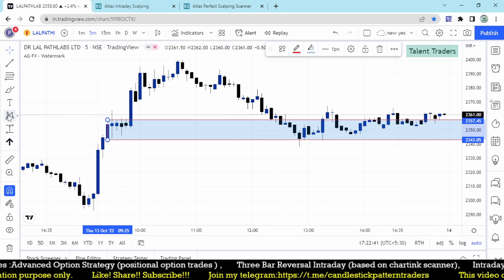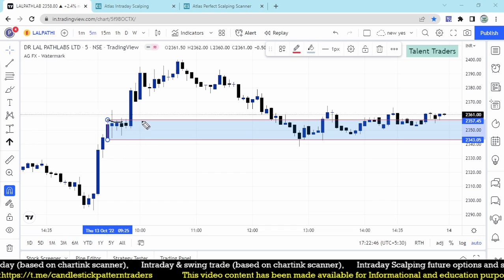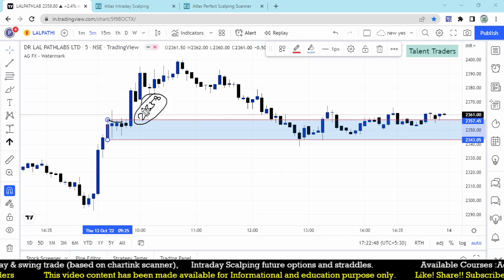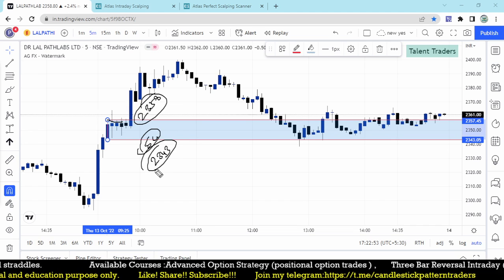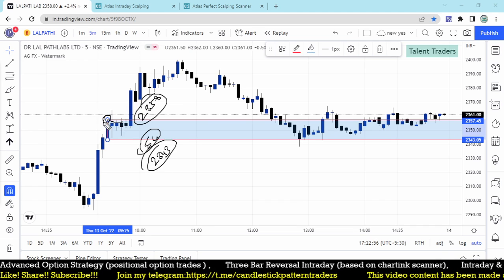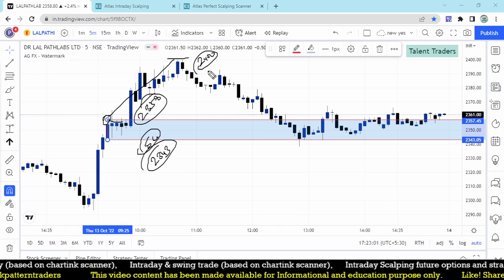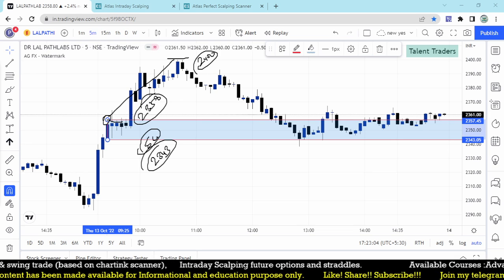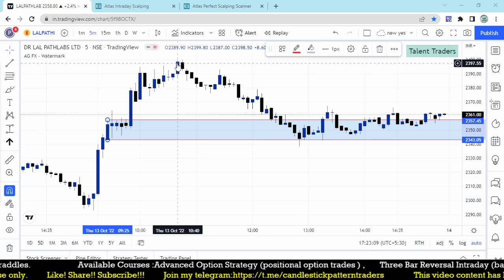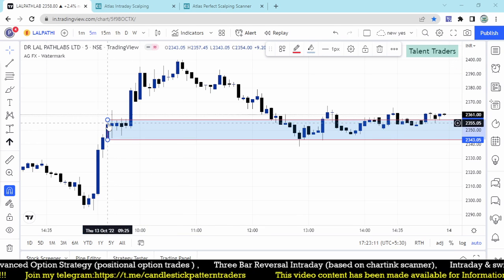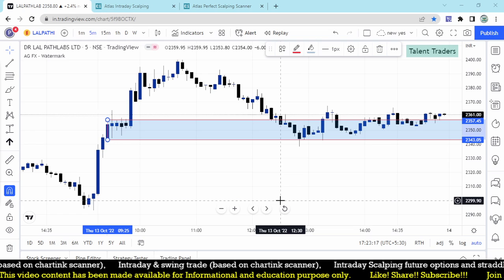The 17 points is your risk on this trade, and once it breaks the 2358 level, we take the entry, and the stop loss is below 2343. Once the entry got triggered, the stock moved towards 2400, near 2399.8. From your entry at 2355, almost 40 points moved. It's a 1:2 risk reward ratio.